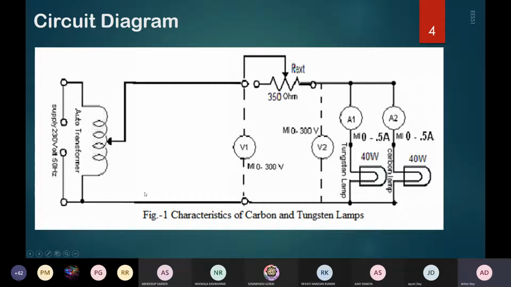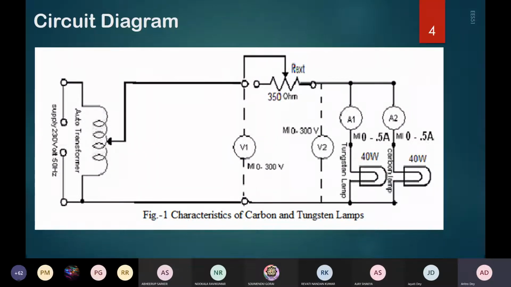So here is a circuit diagram which we will demonstrate today in our laboratory setup. So we are having one auto transformer circuit through which we will supply 230 volt 50 hertz AC supply, and we gradually increase the AC voltage from 0 to 220 at the steps of 20 volt.